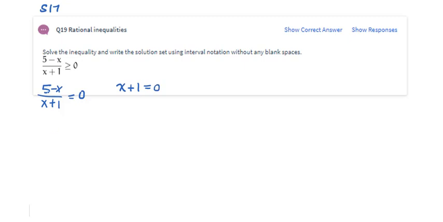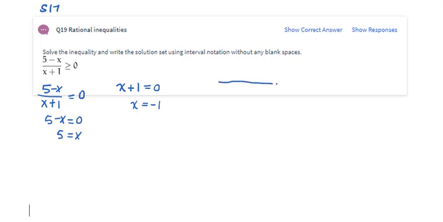So in the first equation, 5 minus x divided by x plus 1 equals 0, when we cross multiply, we just get 5 minus x is equal to 0. Adding x to each side, we get 5 is equal to x. Then x plus 1 is equal to 0, and x equals negative 1. So our two boundary numbers are negative 1 and 5.